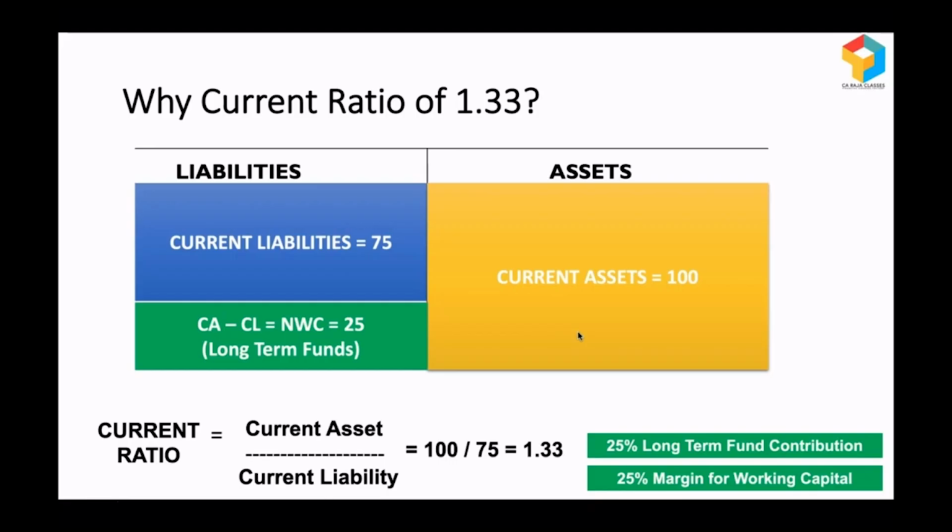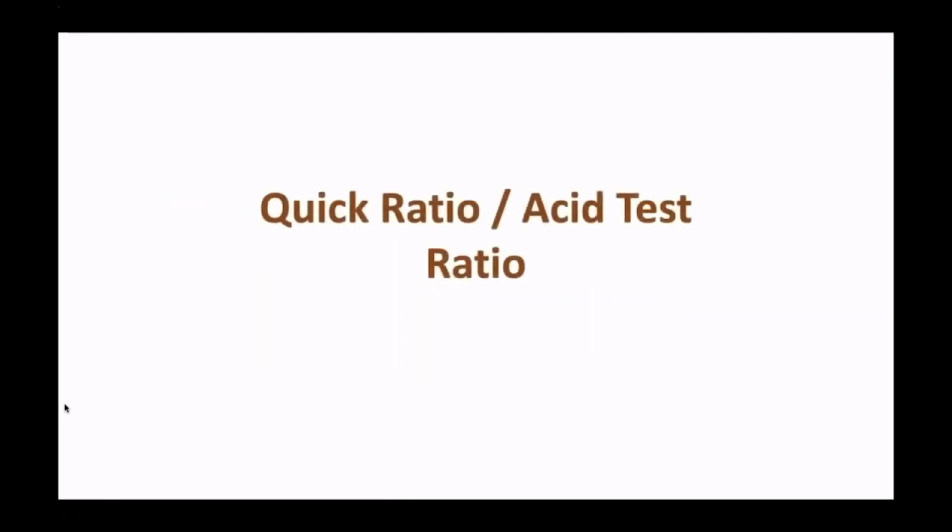So when the current ratio is 1.33, the conclusion is 25% of the current assets are funded by long-term funds, which is in sync with the condition stipulated by the bank as working capital margin. Next, we'll move on to quick ratio, also called as acid test ratio.